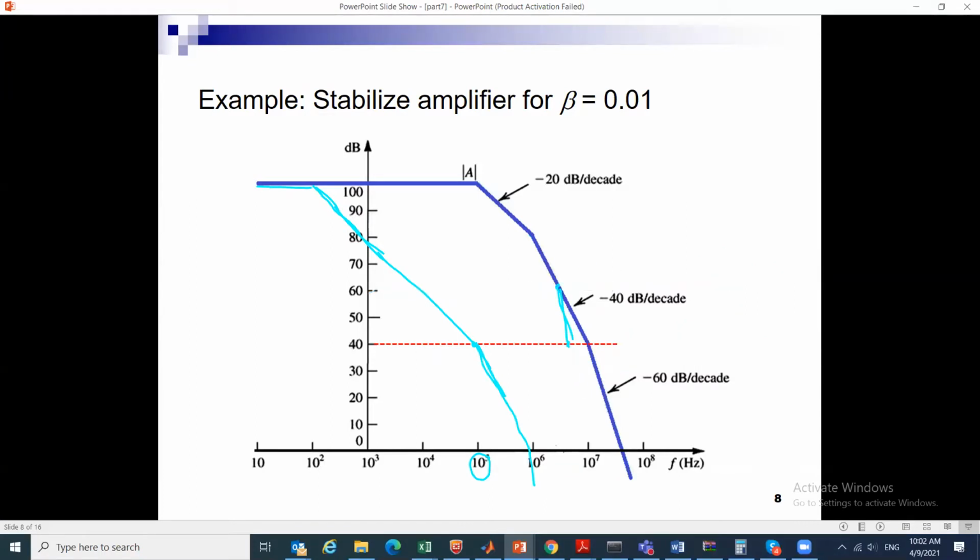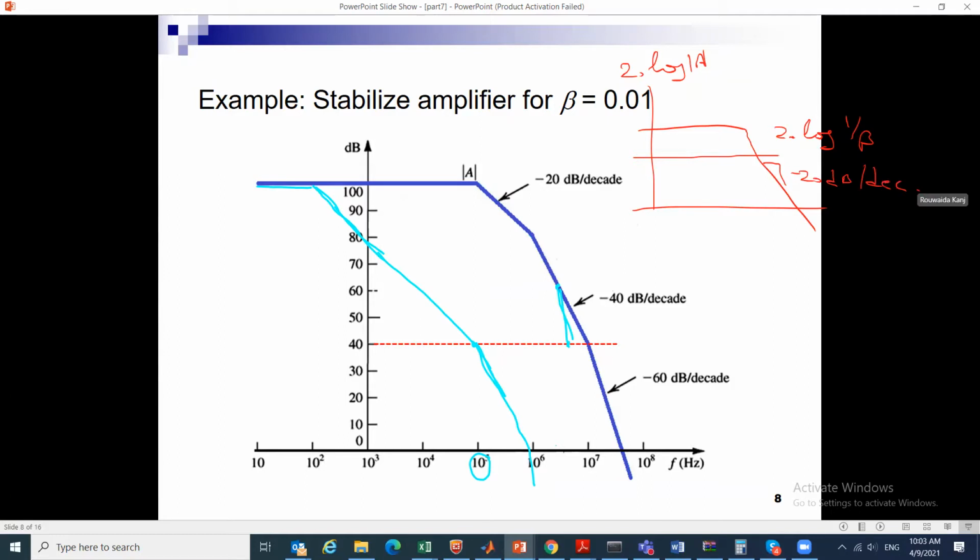For this unstable design, we want to stabilize it, and there is a rule of thumb that says that if I have a certain transfer function with 20 log A, and the 20 log 1 over beta line intersects where the slope is minus 20 dBs per decade, then the system, as a rule of thumb, should be stable.